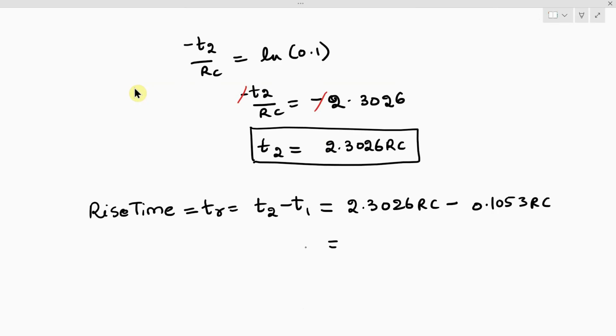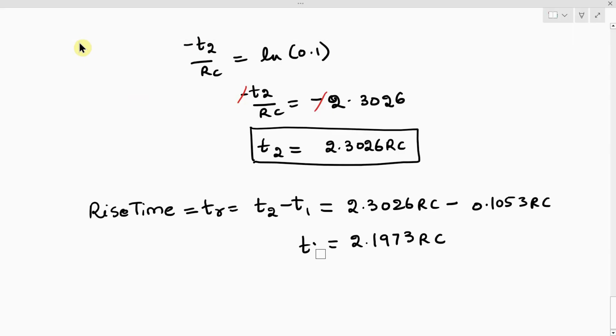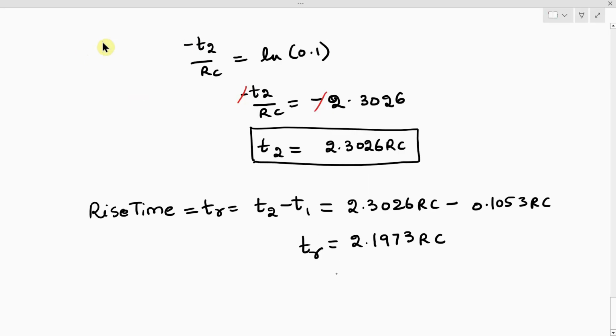How much is it? 2.1973 RC. Okay, so sorry, not T2, it is TR. So 2.1973, I'm approximating to 2.2. Okay, just approximate.